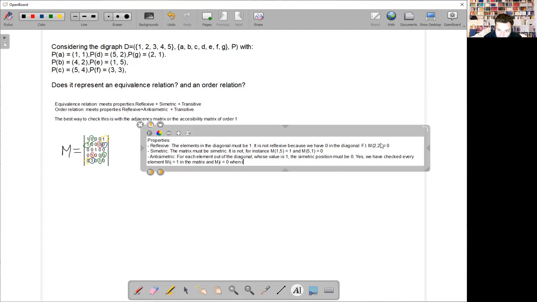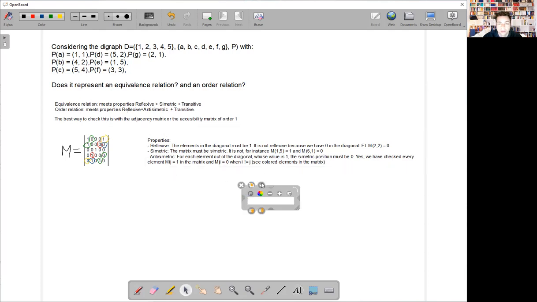When i is different than j. We see colored elements in the matrix.